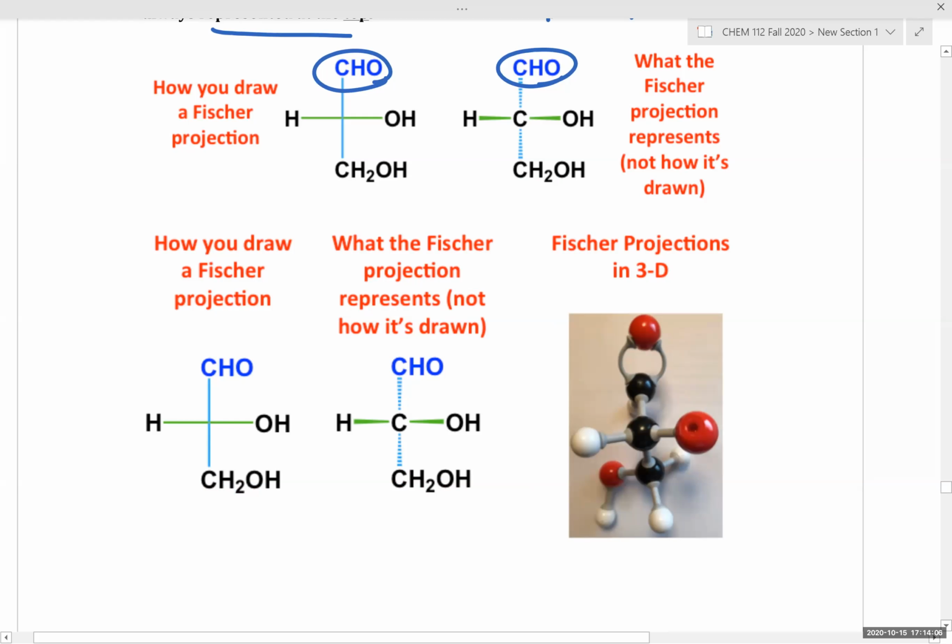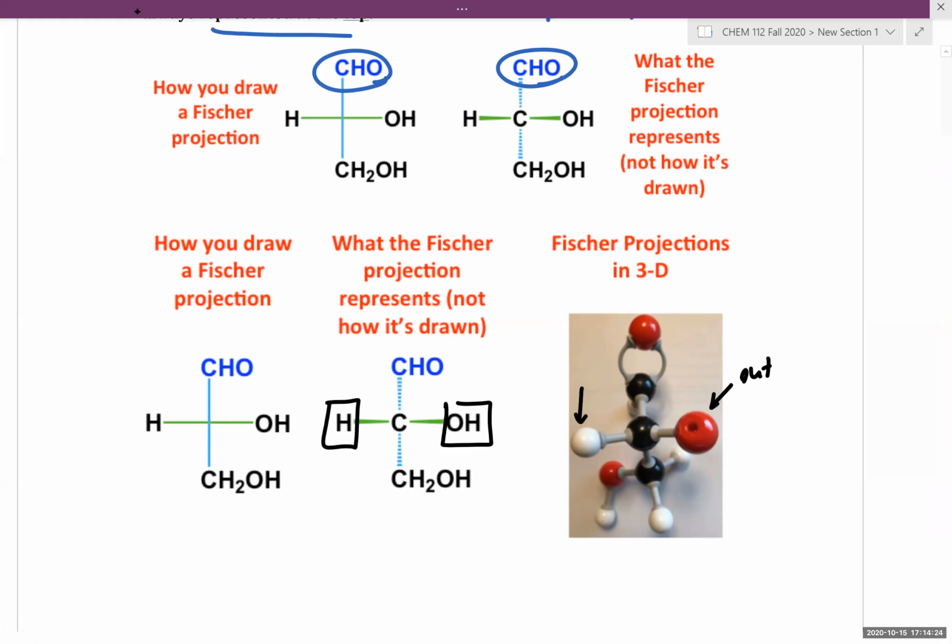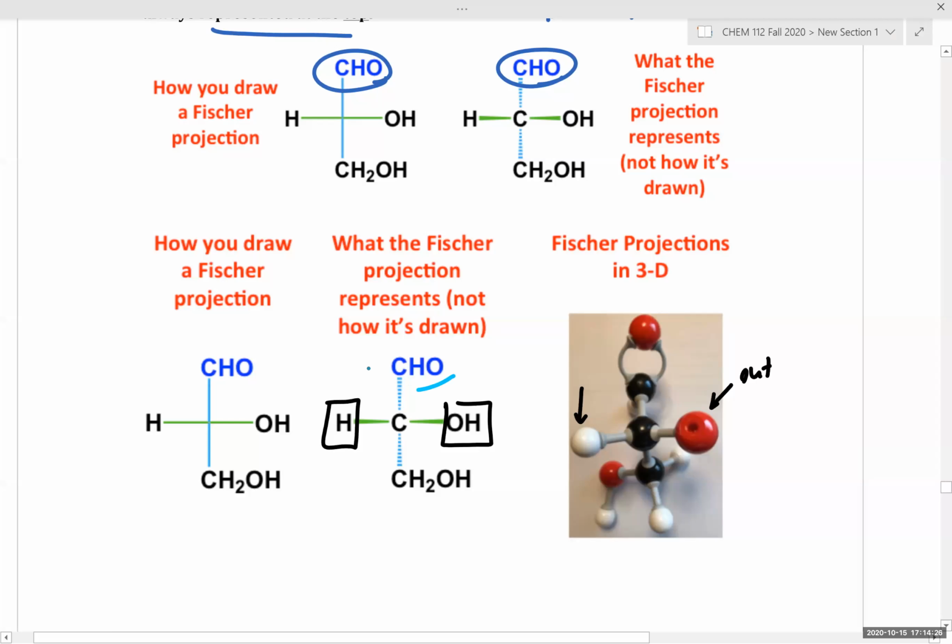So, when you draw a Fischer projection, as we see from this handy photo next to it, the horizontal groups are pointing out towards us, while the vertical groups are pointing away from us, and they're pointing into the page.